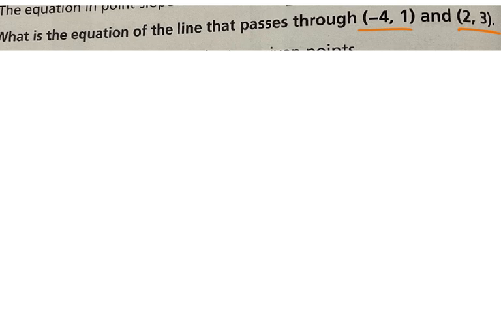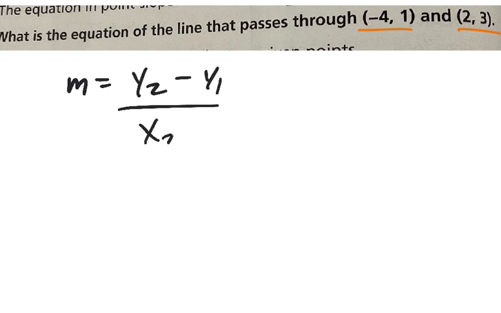So is there a way to find the slope? Given 2 points, I can use the slope formula. So which of these do we want to make the first ordered pair? Which do we want to make the second ordered pair? Again, it technically doesn't matter, but if I see a negative, I want to make the negative the first ordered pair. So I'm going to make this x1, y1. I'm going to make this one x2, y2.